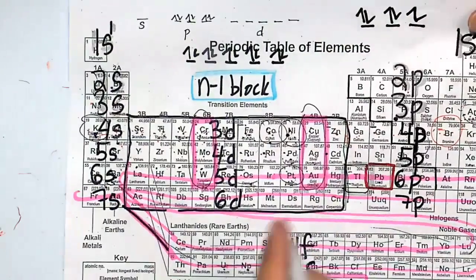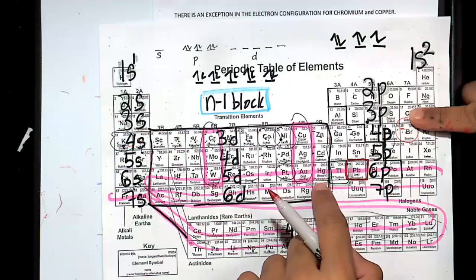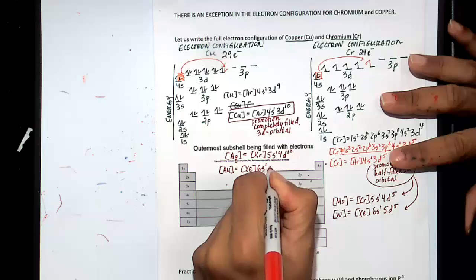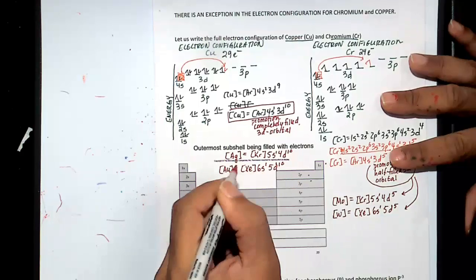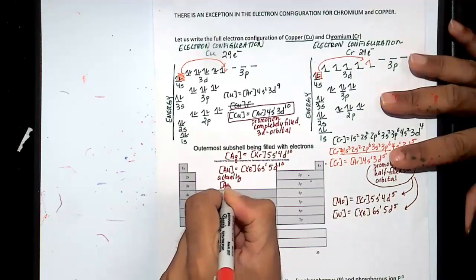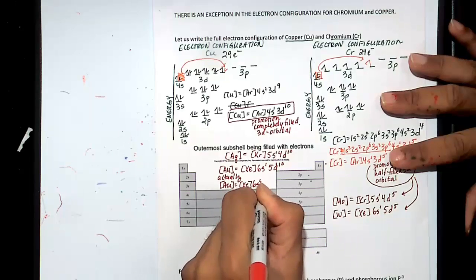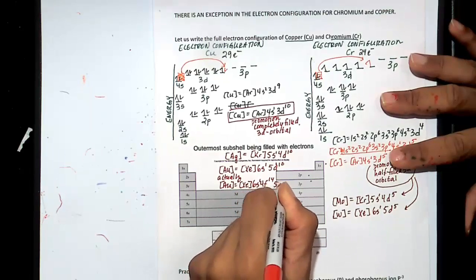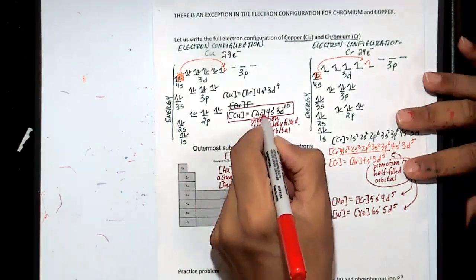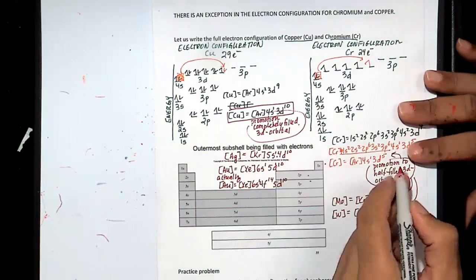And for gold, Au, 6s1, 4f14, 5d10. Okay, if you want to be technically correct, it's going to be xenon 6s1, 4f14, 5d10, but that's a little too technical. But again, promotion to a completely filled 3d orbital, 4d orbital, and 5d orbital.